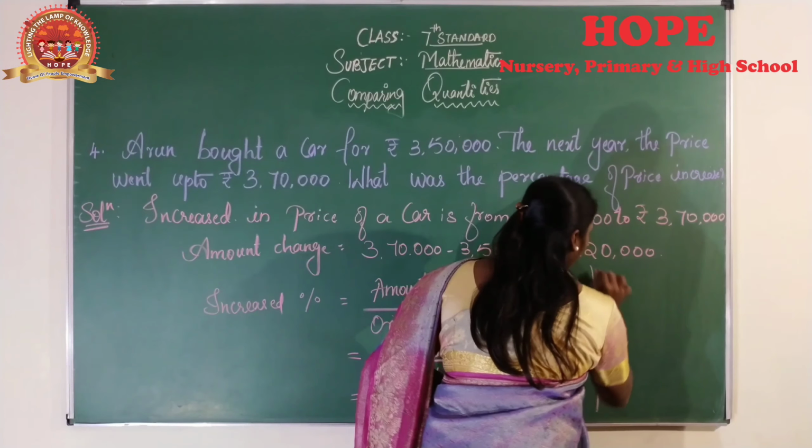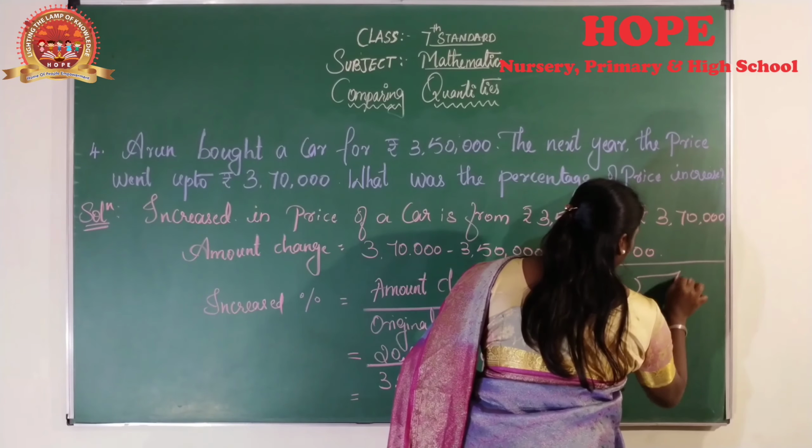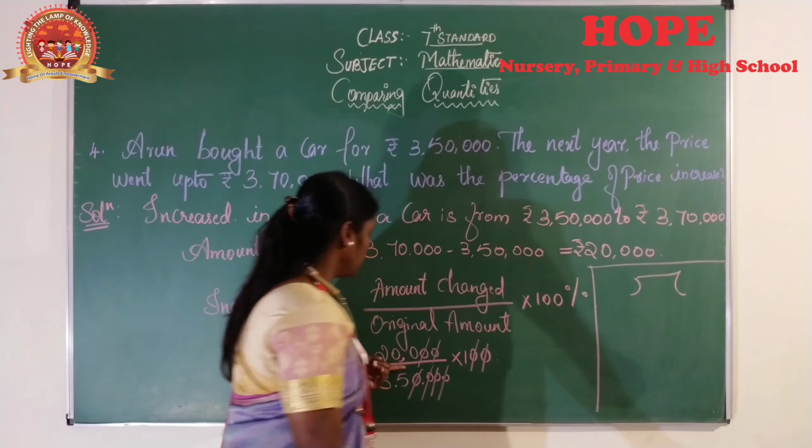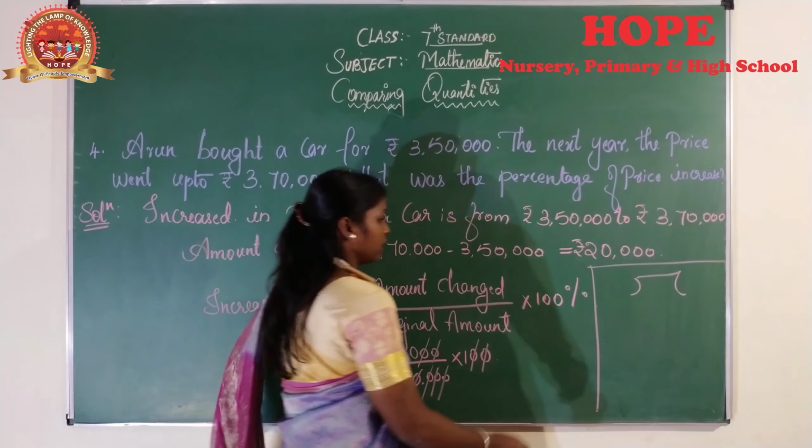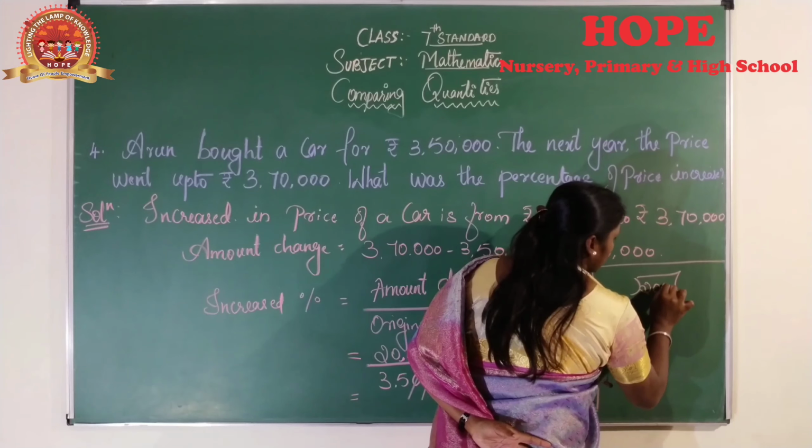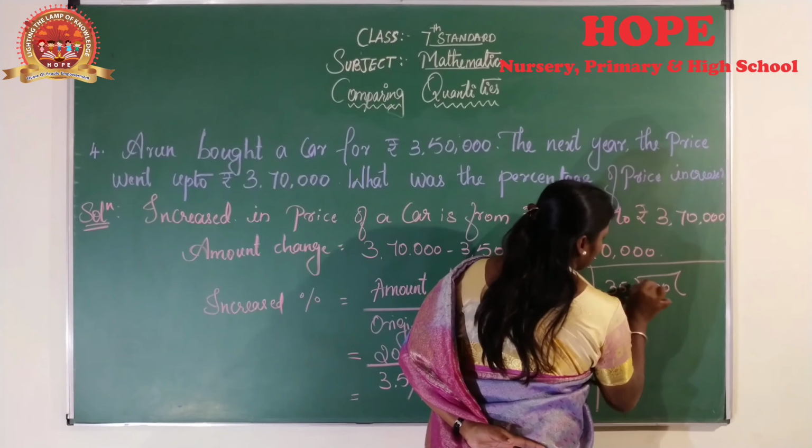So it is like we are dividing 200 by 35. 200 divided by 35.